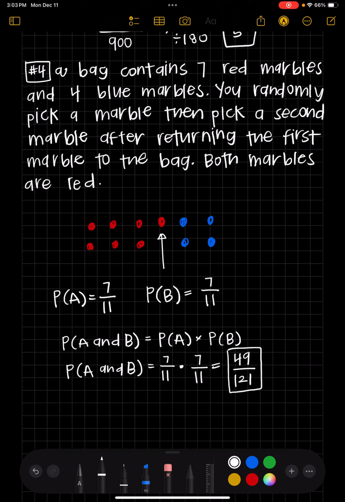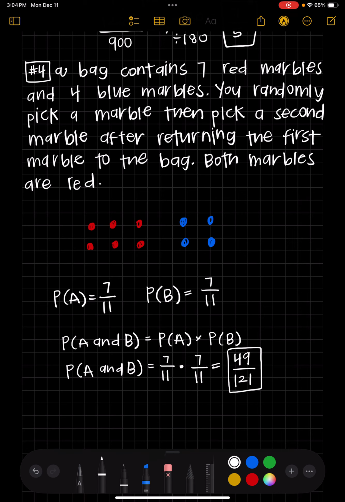Now let me just explain the dependent situation in this case. So let's go back to the probability of A. We know picking one red marble would be 7/11. Great. Let's say that instead of putting the marble back into the bag, you just threw it away. Then what would happen is I would have one less marble, right?